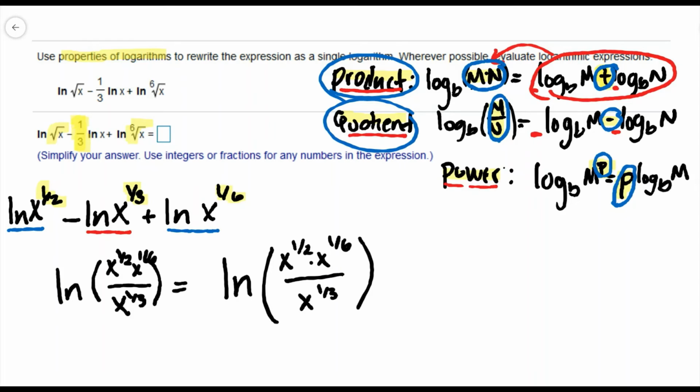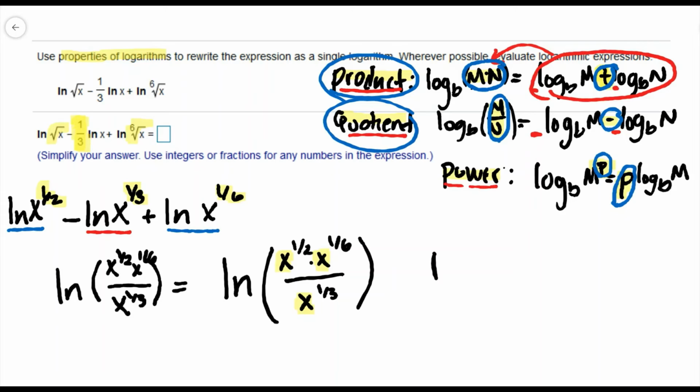Now in this example, because all of our bases on these exponents are x, we're able to combine these together into a single factor. So we're now going to be using the product rule and the quotient rule, but this time it is the product and quotient rule for exponents.